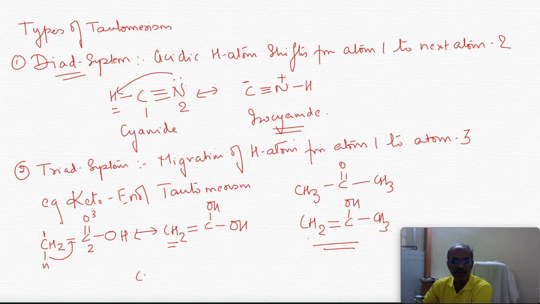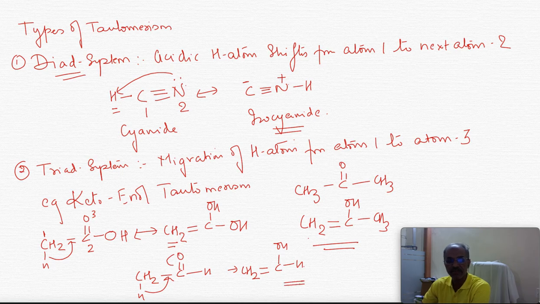Similarly, if I want to take this aldehyde, this will go here, so it will happen CH2 double bond C dash OH and dash H, right? This is vinyl alcohol. So this is known as triad system. Now, in triad system we have seen what is tautomerism.